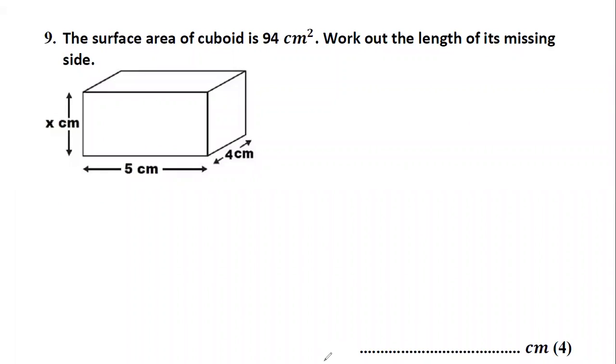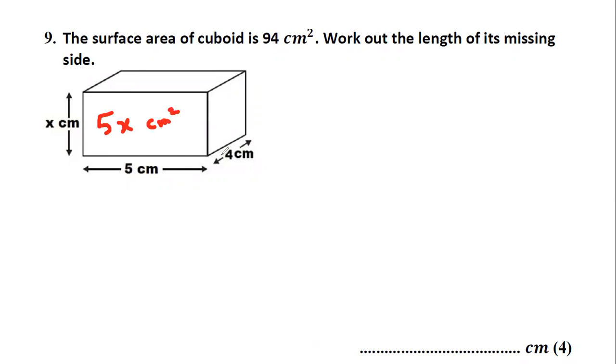And let's move to the next question. It says surface area of cuboid is 94 centimeters squared. Work out the length of its missing side. Right. So let's start working out the area of each face. The area of the front face would be 5 times x, which means 5x centimeters squared.